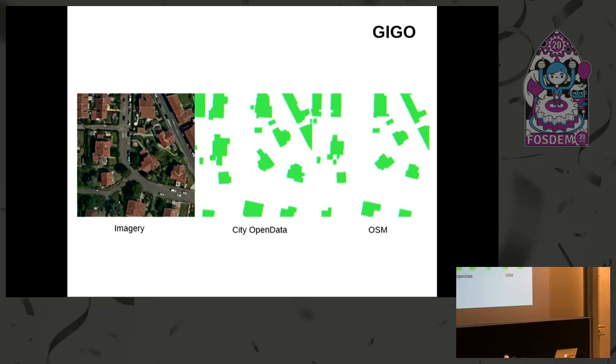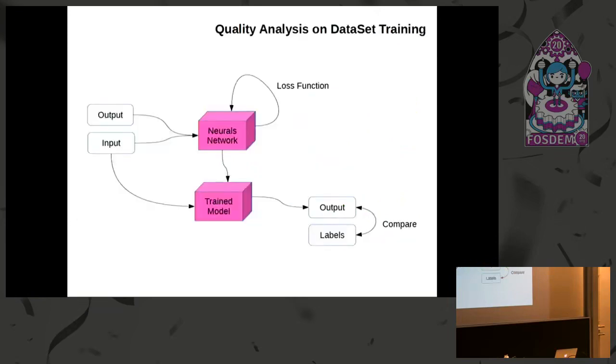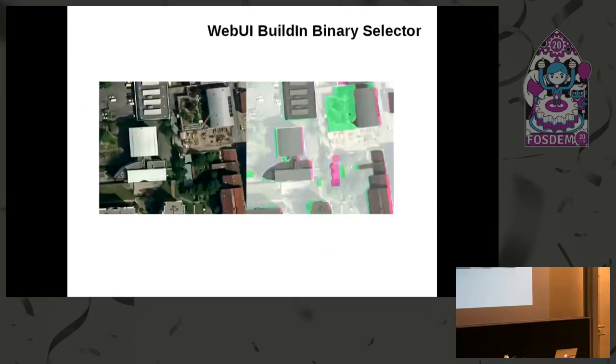So the point here is also to reuse this technique to check that your training dataset is of good enough quality, and to compare your labels with these tools, and so also be able to keep or not some labels.